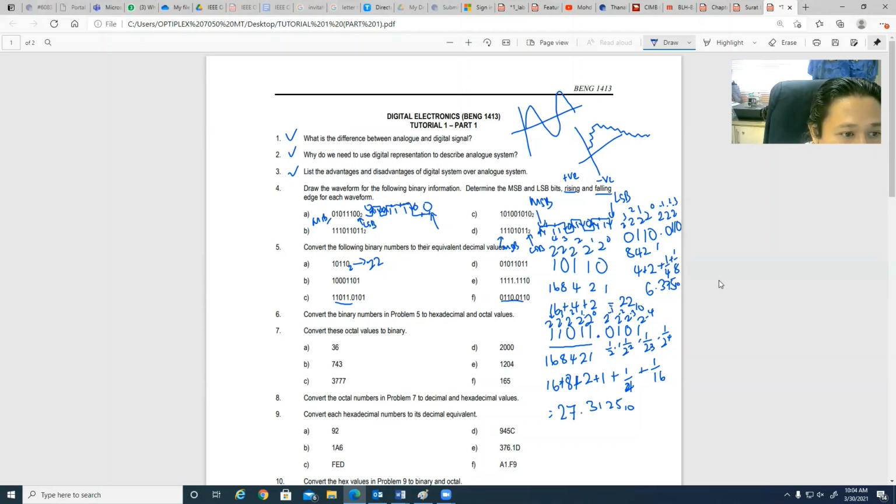Alright, and then question number 6: convert the binary numbers in problem 5 into hexa and octal. You can do this straightforwardly using the calculator, or you can use the manual method.